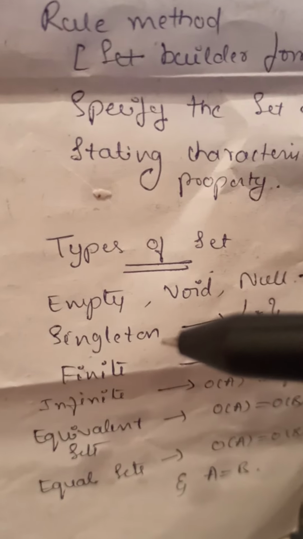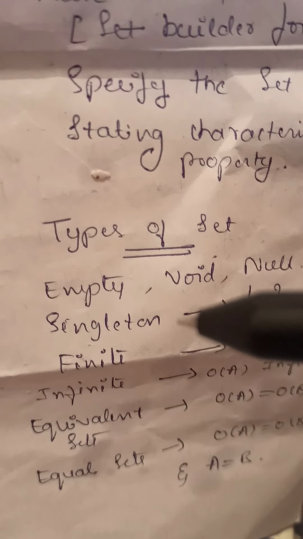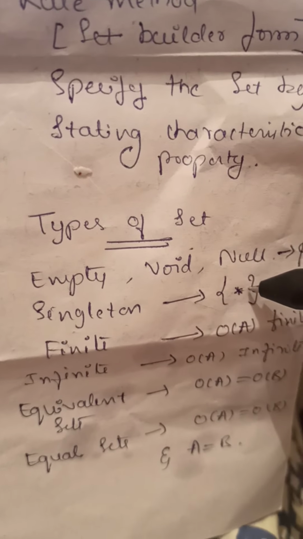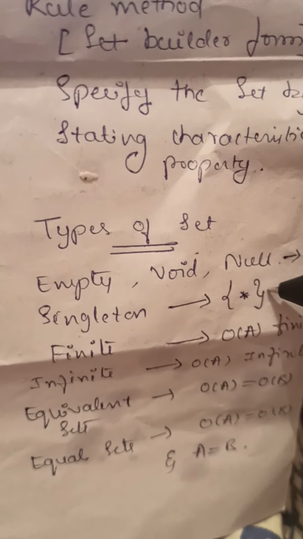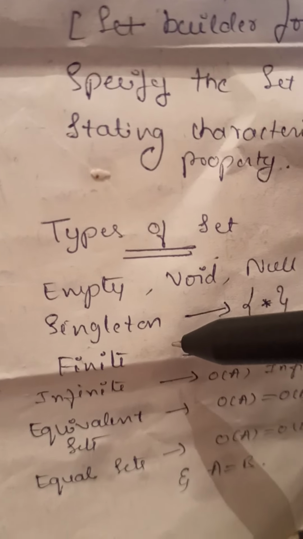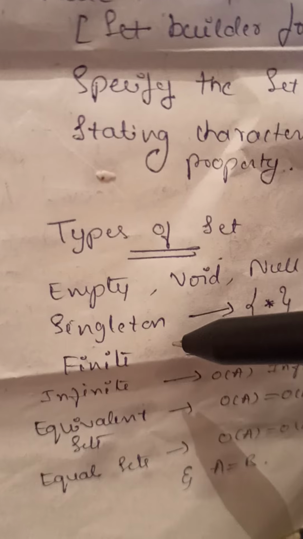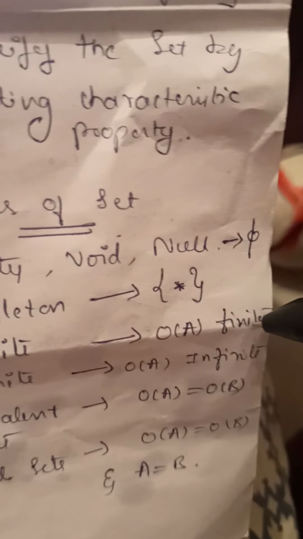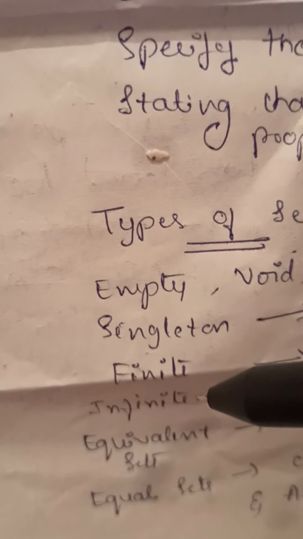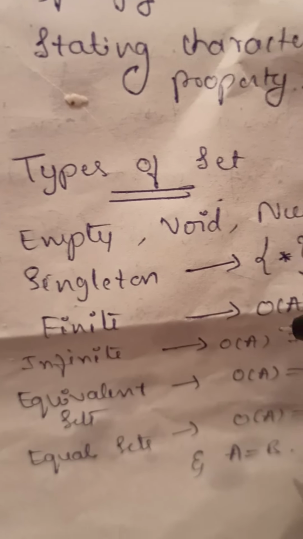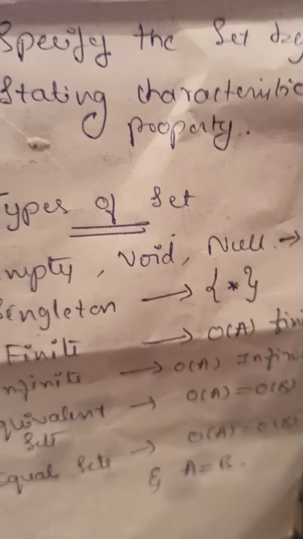Okay. Next set is singleton set. Singleton set means set containing only single element or only one element is called singleton set. Next, finite set. Set containing finite number of elements, or a set A is said to be finite if order of A is finite. Next, infinite set. A set containing infinite number of elements, or set A is said to be infinite if order of A is infinite.